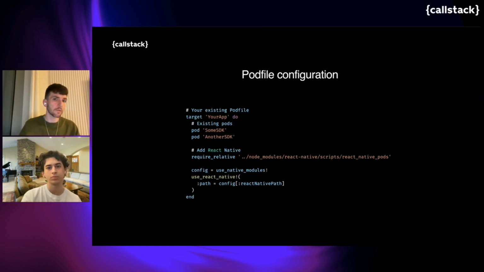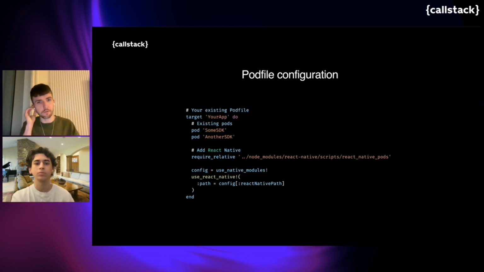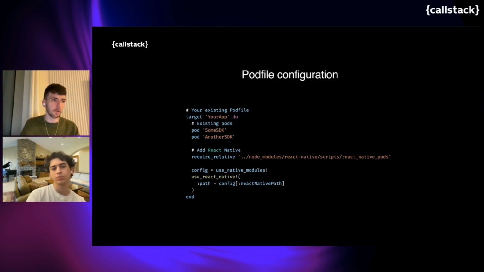Now, once we have that, we can jump to configuring the Podfile. And again, this is iOS, so on Android, that would be Gradle. If you already have a Podfile, like many iOS projects do, you will go there and you will add the React Native line. You can see there in the middle, and that's where things get started.